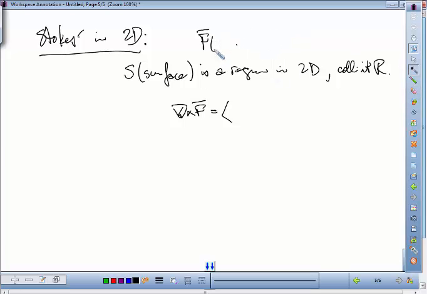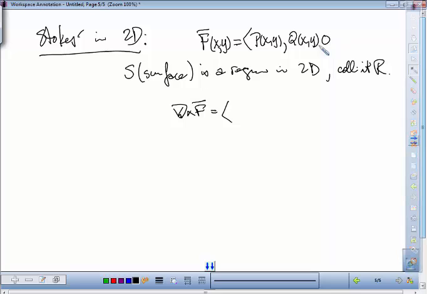You don't need to do this, but I just wanted to make it a little more explicit: in 2 dimensions we only have x and y and we don't have any z's. So P is a function of only x and y, and Q is a function of only x and y. There are no z's, no z component, no z variable, because we're only living in 2 dimensions.